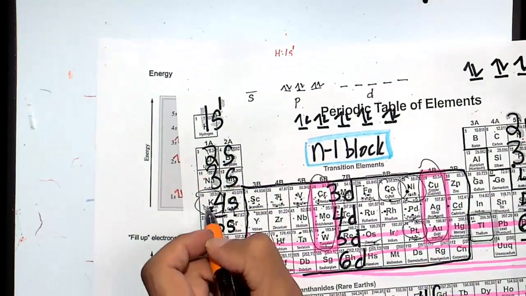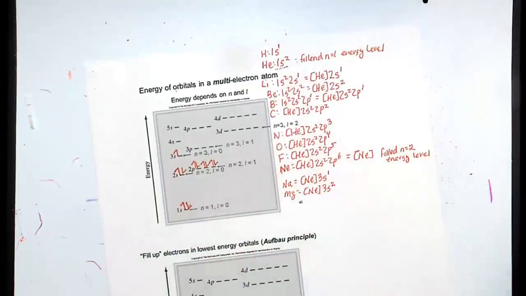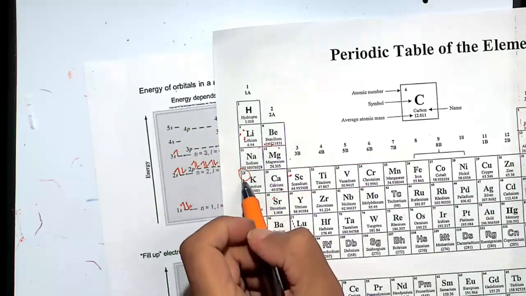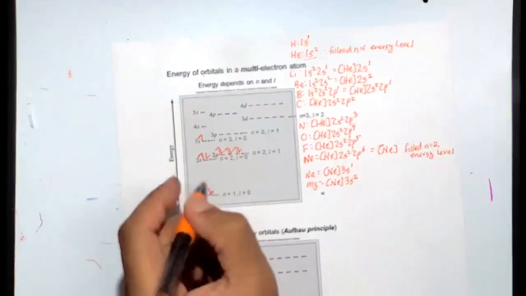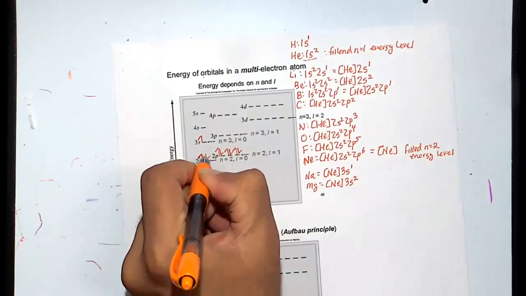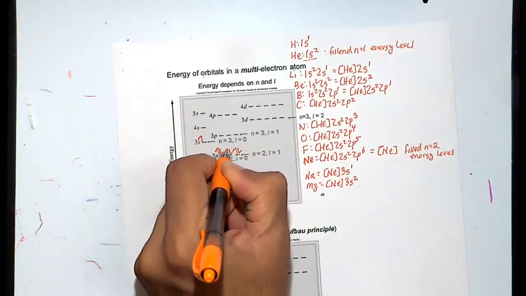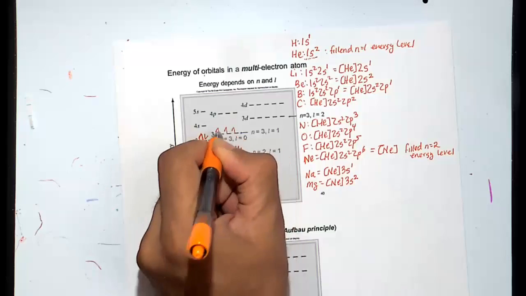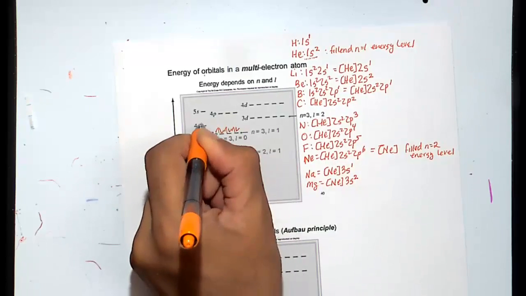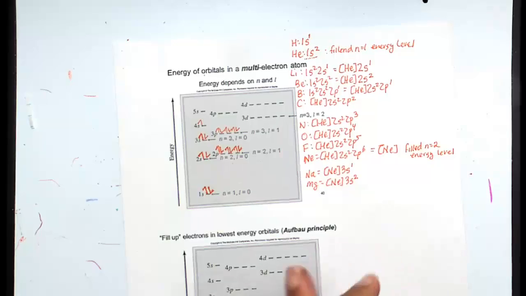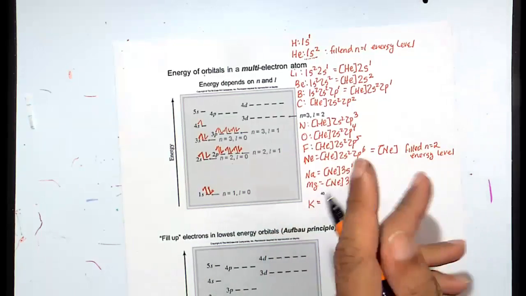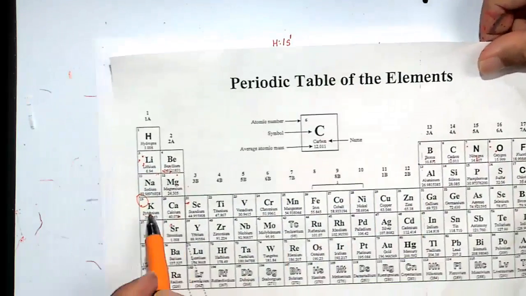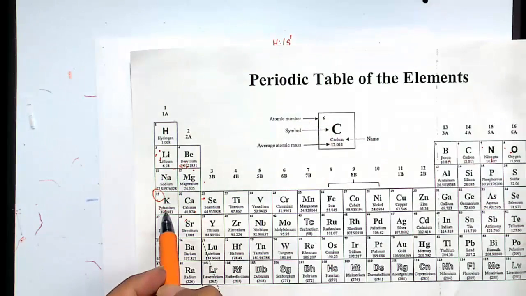Let's talk about potassium here. 19 electrons. So let's fill them up. 1, 2, 3, 4, 5, 6, 7, 8, 9, 10, 11, 12, 13, 14, 15, 16, 17, 18, 19. So potassium has 19 electrons. 18 come from argon, and then this is going to be 4s1.